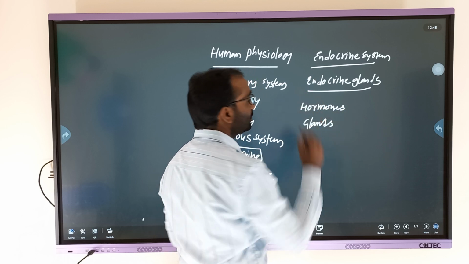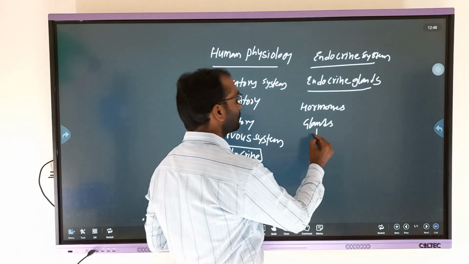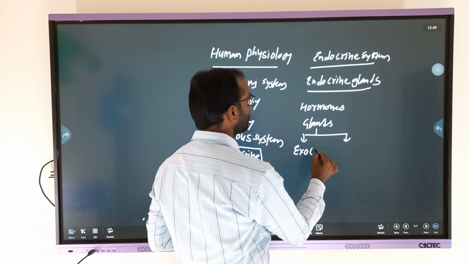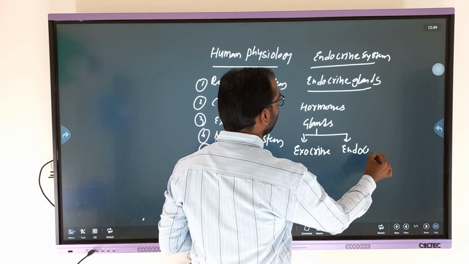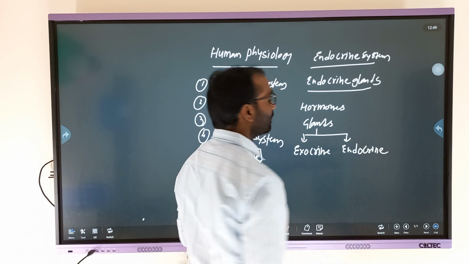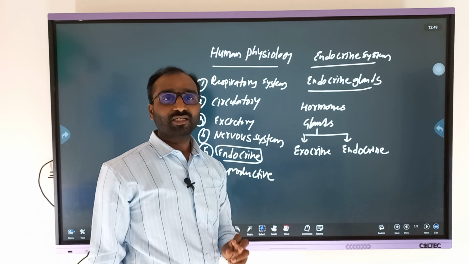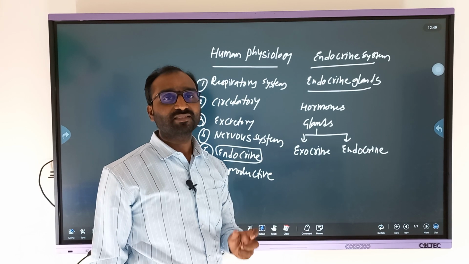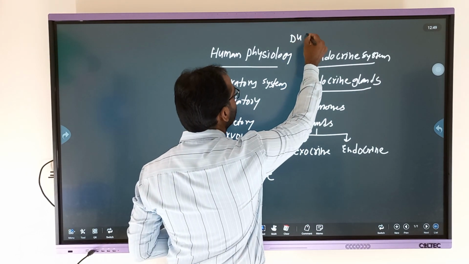So generally glands in our body are of two types. Those are exocrine and endocrine. These exocrine and endocrine glands are categorized based on the presence and absence of ducts. Here, what do you mean by duct?